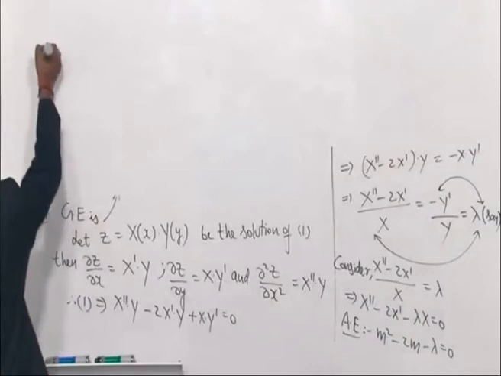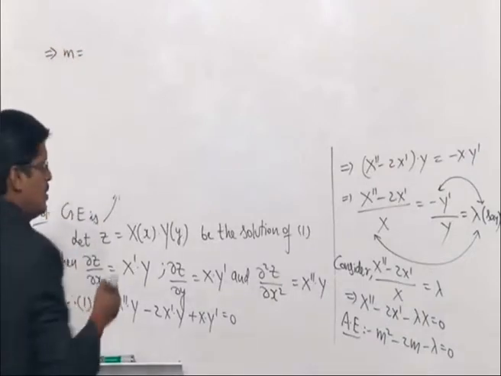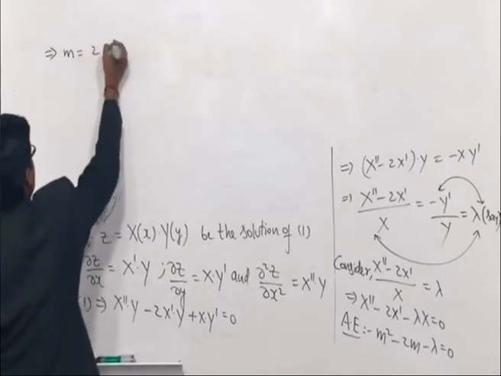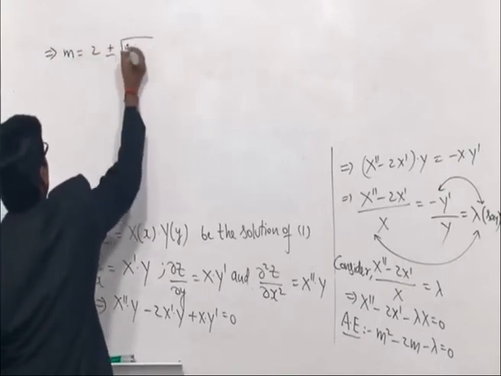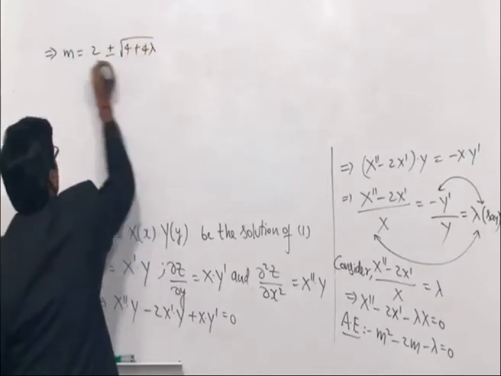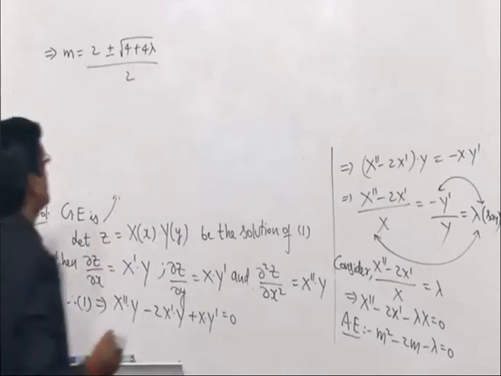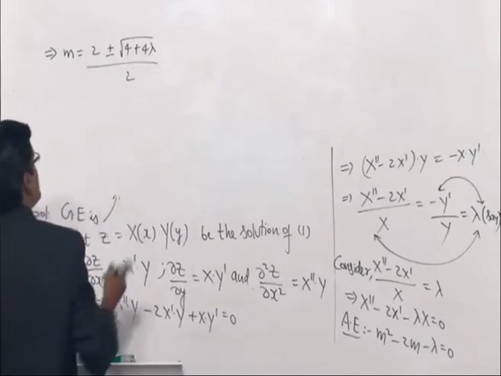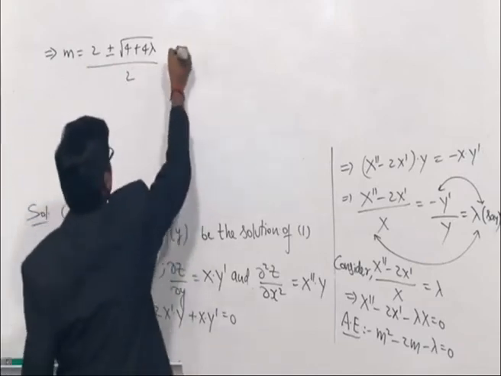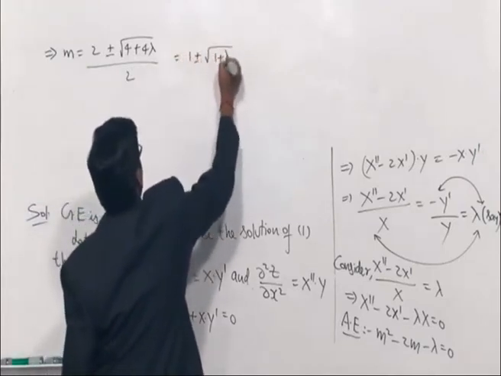Using the quadratic equation, m is equal to minus b, that is plus 2, plus or minus root of b square, that is 4, minus 4ac, that is plus 4 lambda, divided by 2a, that is 2. So 4 is common in the square root. After taking it out, 2 cancels in all the terms, so it can be written as 1 plus or minus root over 1 plus lambda.